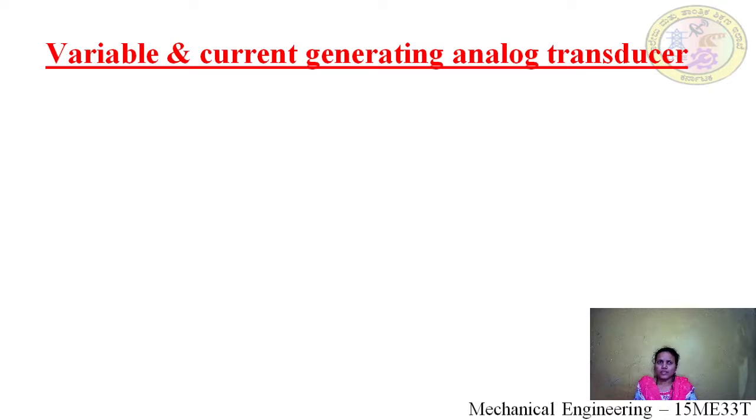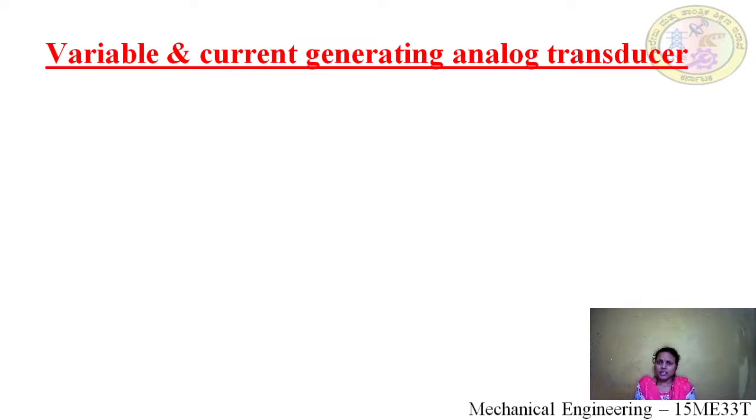Now next we shall go to the variable and current generating analog transducer. In the previous session we already saw what a variable parameter analog transducer is. There the input variation is converted into a change in the inductance, or a change in the capacitance, or a change in the resistance.